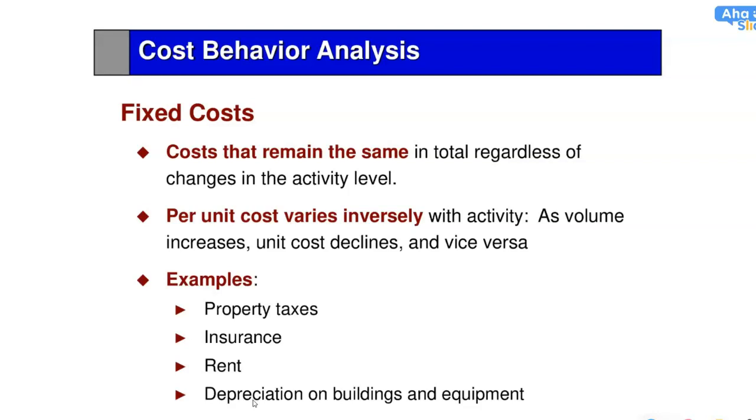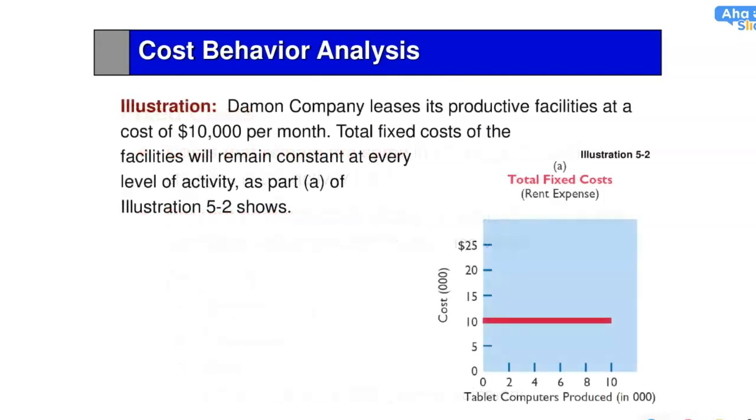And they will remain the same in total, regardless of the production. But if I'm looking at it on a unit basis, it will go down as production increases. So that's the difference.